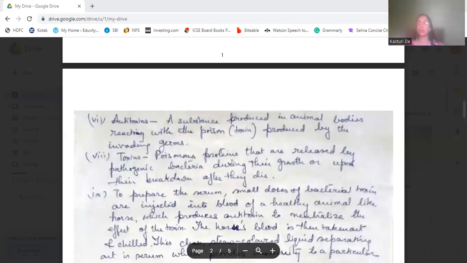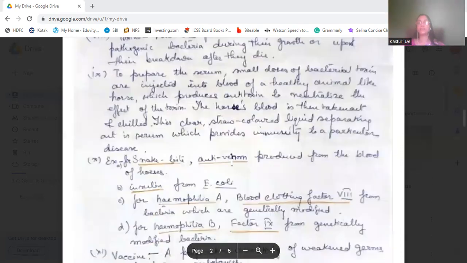Now the horse's blood is taken out after it produces the antitoxin.